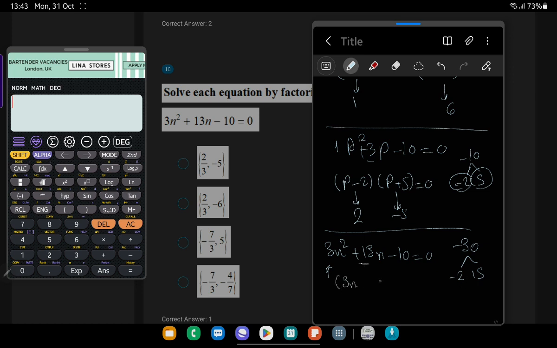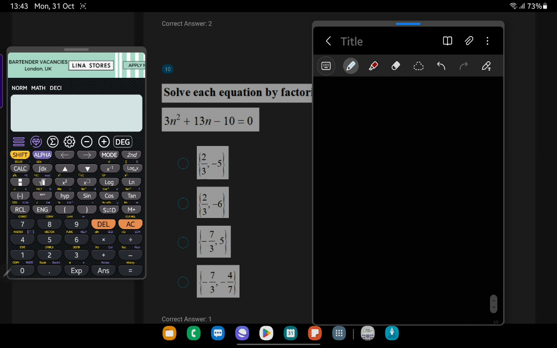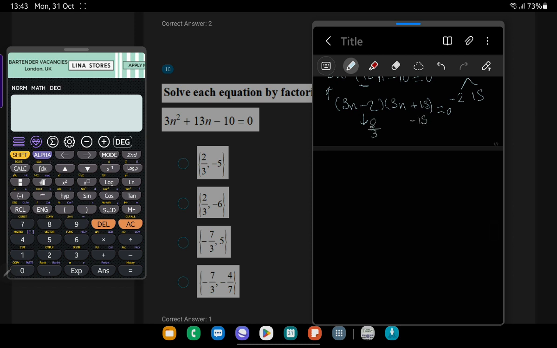Now 3n in both brackets first, minus 2 and here positive 15 equals 0. This bracket will give you positive 2 over 3 and this bracket will give you negative 15 over 3, which is negative 5. So this is what we do when I ask you to solve by factoring.